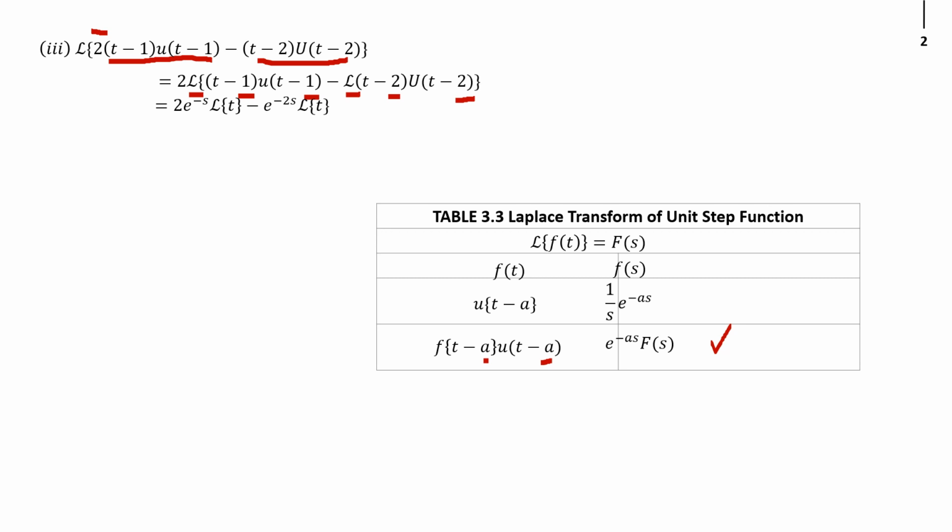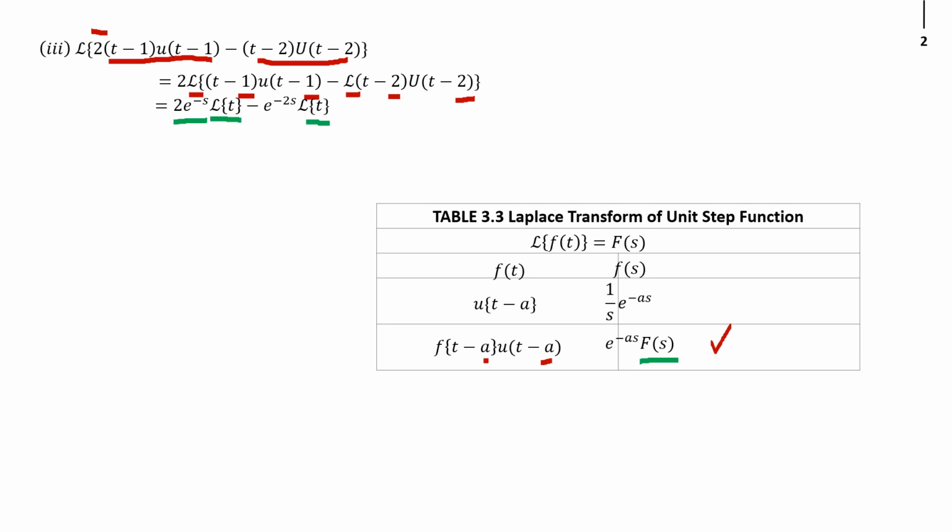So the first component we have 2e to the negative s, because our a here is 1, multiplied with L of t, where Laplace of t actually is F(s), and e to the negative 2s times Laplace of t.